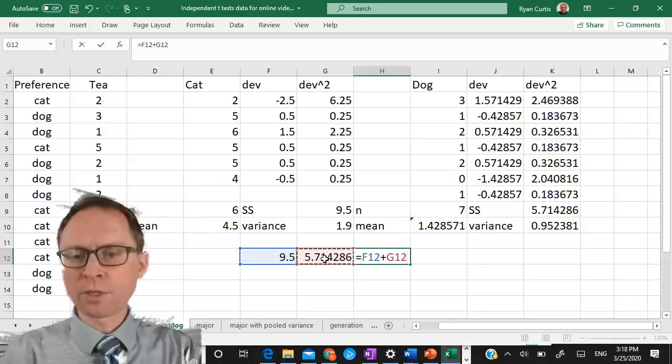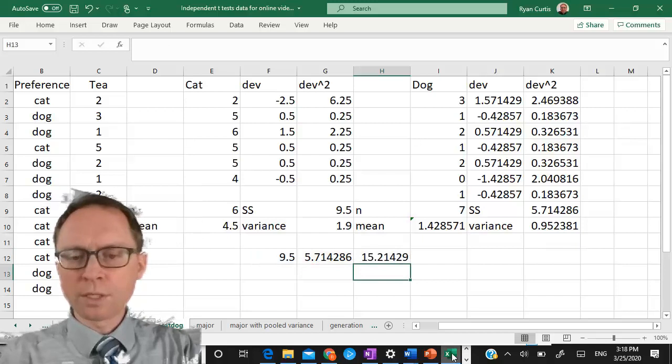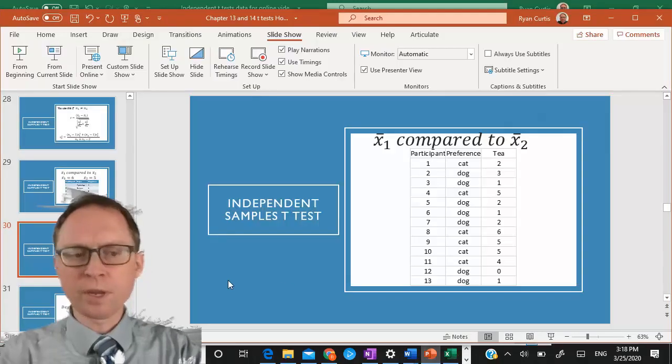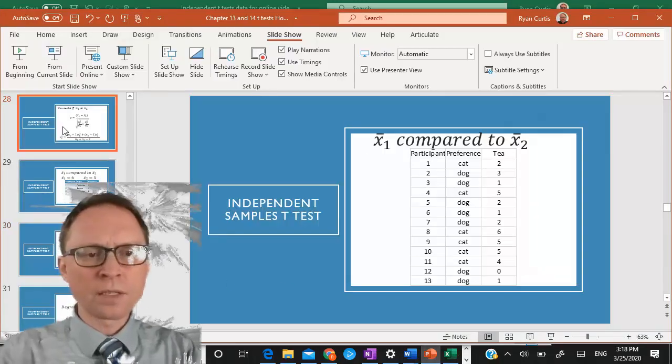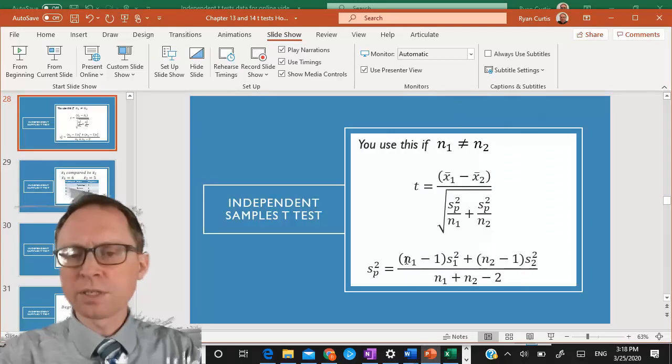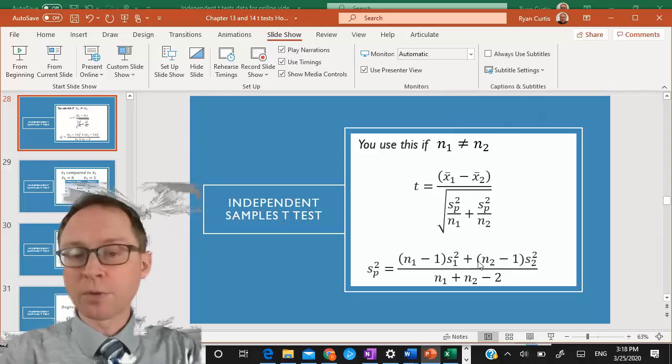If you remember when we looked at the formula, and I'll show you again on these slides right here, we wanted to get the pooled variance, which is n sub 1 minus 1 times the variance of that group, plus n sub 2 minus 1 times the variance of the second group. So this is the numerator right here.